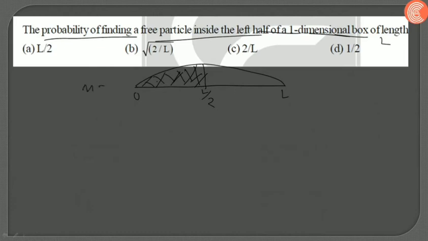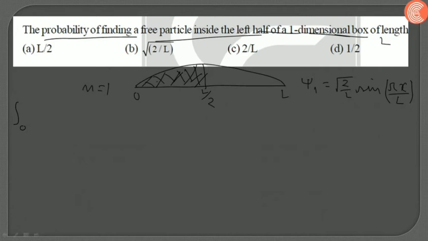So this is the ground state energy. The wave function associated with the ground state energy will be psi 1, and that will be equal to root 2 by L sine pi x by L, because n is 1, so we have to put n equals 1. So n pi x by L becomes pi x by L. Now, to find the probability, we have to integrate over the area.